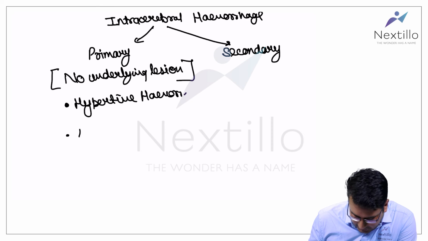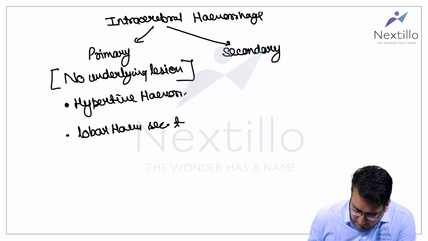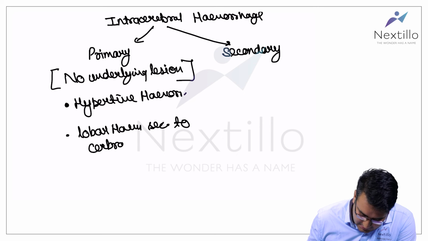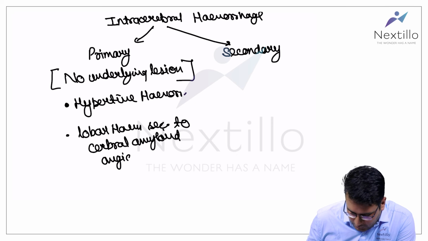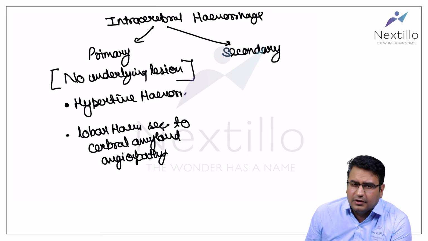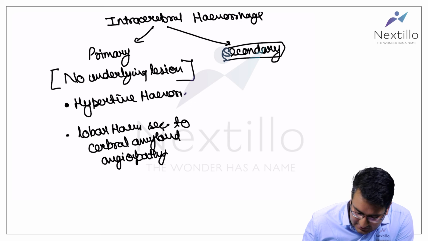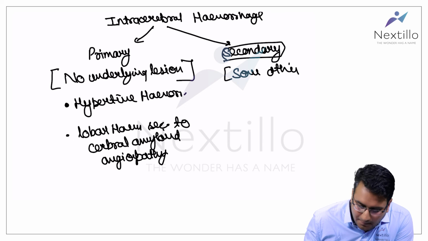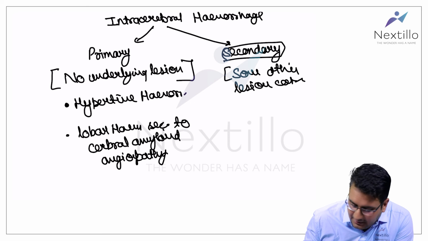And second could be lobar hemorrhage secondary to cerebral amyloid angiopathy. Okay, you should know about it in case it's asked. I have told you the important and most frequently asked questions. You should know about these in case they get asked, so you should be able to answer this part. Okay, what is secondary intracerebral hemorrhage? It is where some other lesion is complicated by hemorrhage.